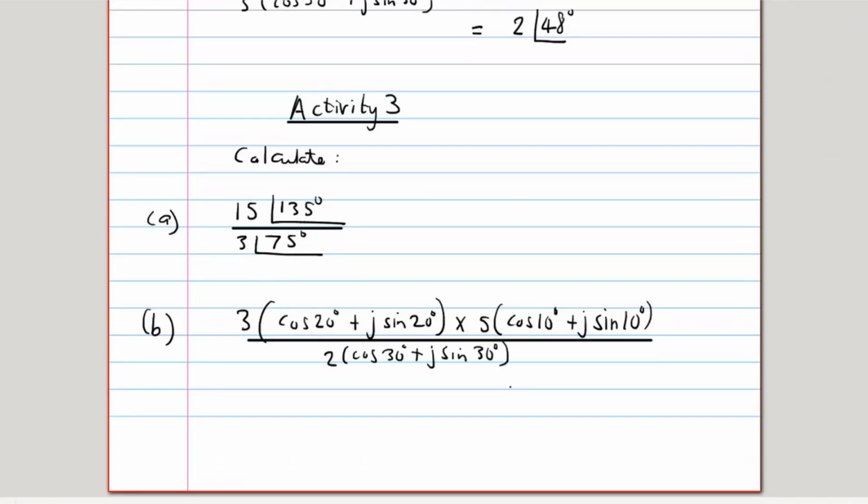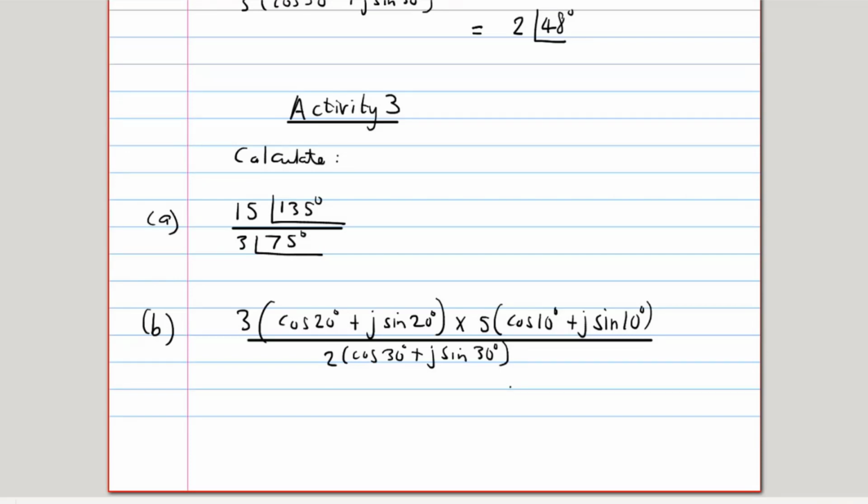Right, and you guys will remember when we wrote these numbers in rectangular form, and when we had division in rectangular form, we always had to multiply by the conjugate of the number in the denominator. But now things are relatively simple with the polar forms, though it looks a bit complicated.